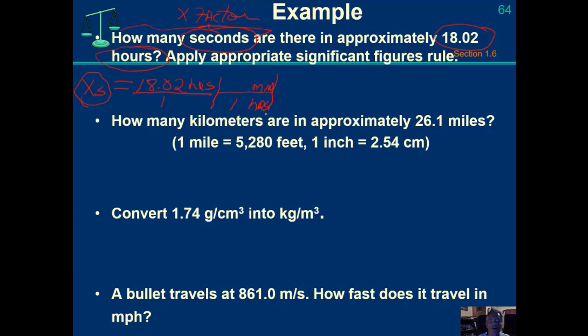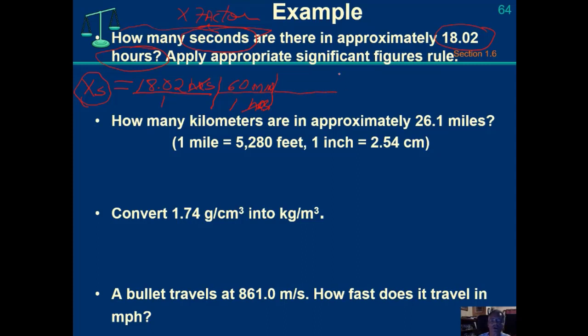So hours is the larger unit, we give it the 1, and there are 60 minutes in 1 hour. Now you'll notice that this is going to be multiplication and division. So we're going to multiply across hours times minutes and then divide by hours. That's going to allow us to cancel hours, and we wind up with minutes in the numerator, and that's where we are right now. And then we're going to go to seconds.